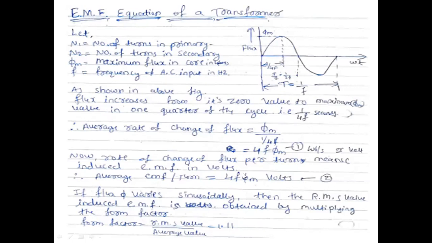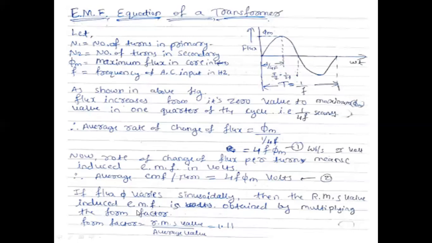For that, if the flux varies sinusoidally, then the RMS value of induced EMF is obtained by multiplying by the form factor. Form factor comes under the third unit. In the third unit we will discuss AC terms, form factor, peak factor, alternating current, voltage, everything.